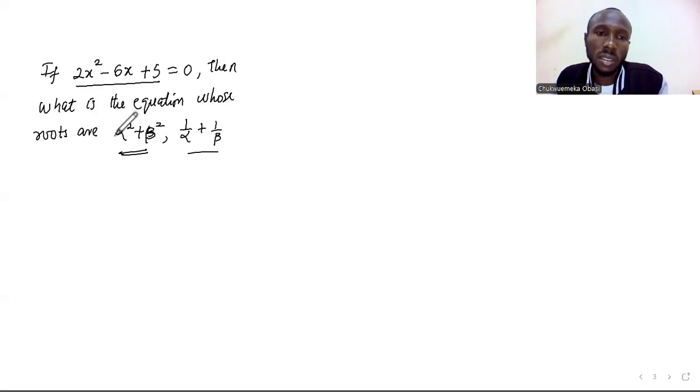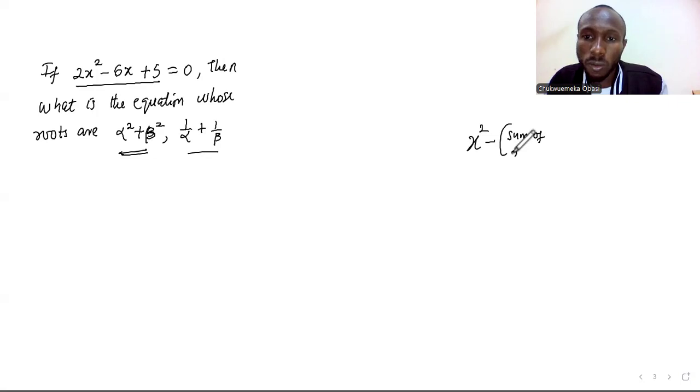All right, the first thing you want to do is form an equation that has this guy and this guy as the roots. Now, the equation you're going to form is in this form: x squared minus sum of roots, then x, then plus product of roots equal to 0.